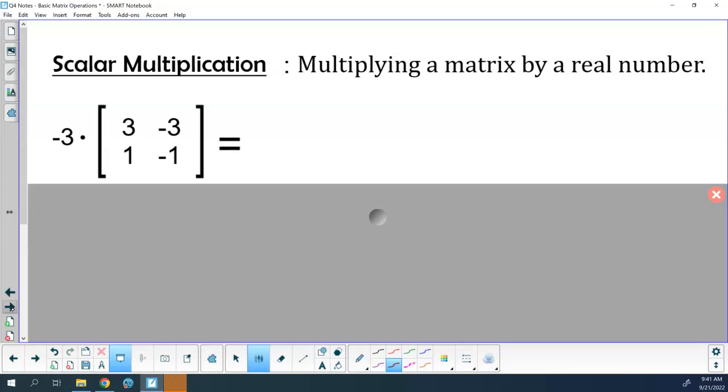Okay? So the last operation that we would like to do today is something called scalar multiplication. Okay? And scalar multiplication is where you take a matrix and you multiply it by a real number. Okay? Now, for lack of a better terminology, I think is the best way of saying it, the easiest thing to do here is simply distribute.